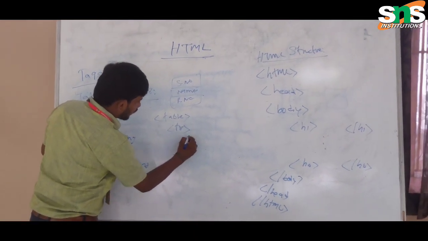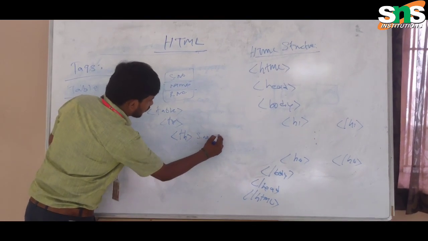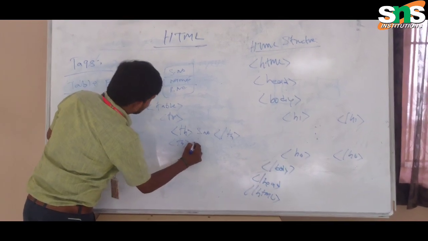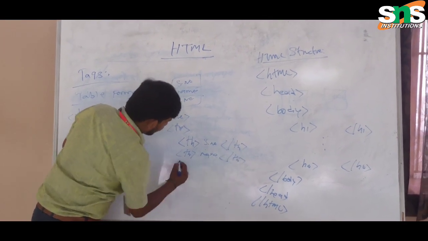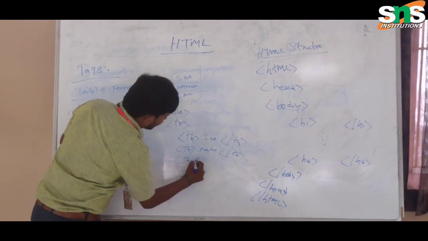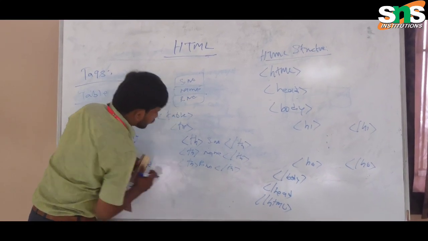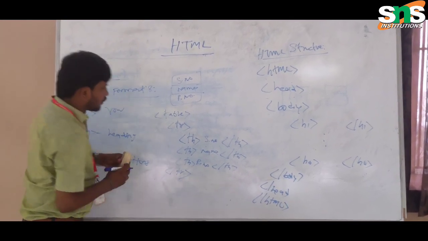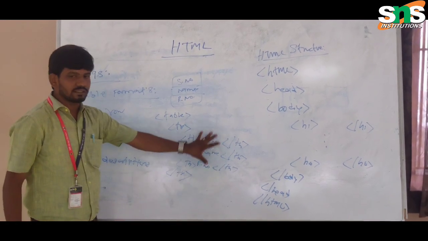Now we create a table heading TH. TH is serial number, end TH. Again TH name. Again TH, it is register number. And end with the table row. This is how we write the headings inside a table row.